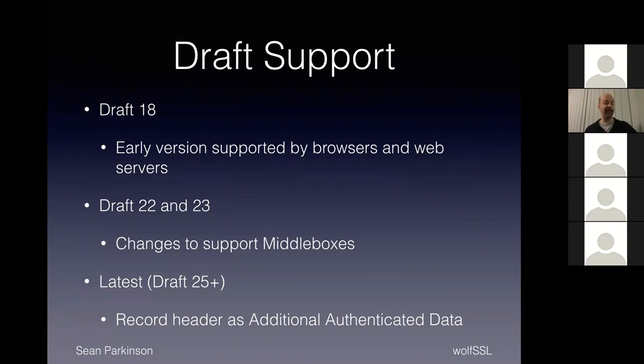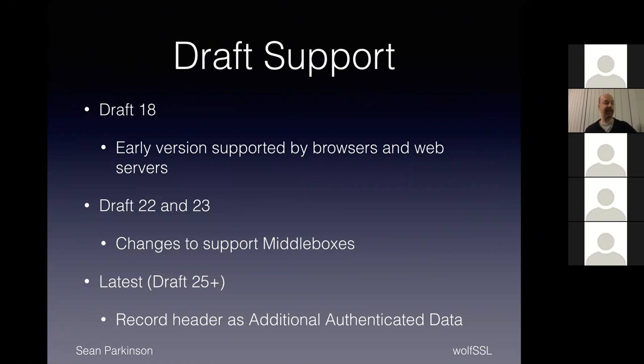Over time, these middle boxes will be replaced or updated, but the specification needs to work today, and they had to update it to work in spite of them. So there are a few things that were added in drafts 22 and 23 that make it possible for it to work in more network architectures.